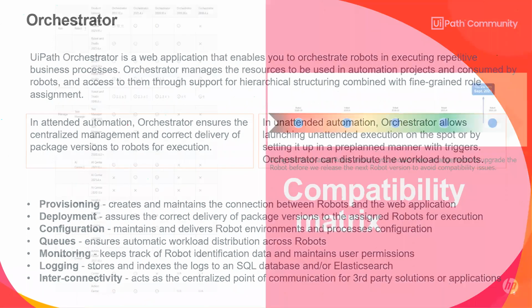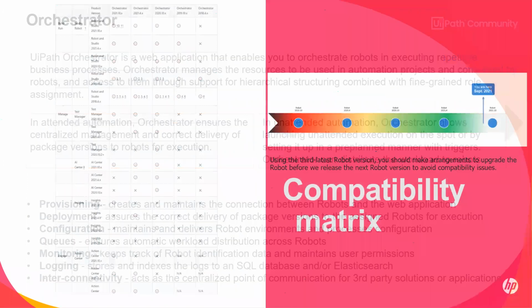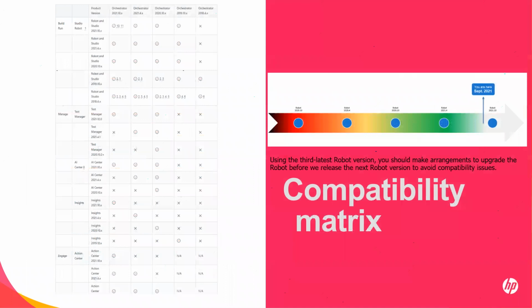So when it comes to cloud, one other best practice is also attached when it comes to robot process and Orchestrator. If you're in cloud, the recommended versions to maintain is third latest robot versions should be there in your setup, right? If you see, this is just a diagrammatic view as a heat map. We are in 21.10 LTS today.